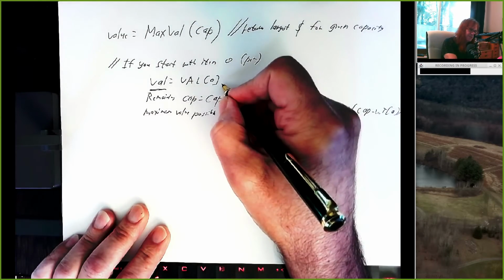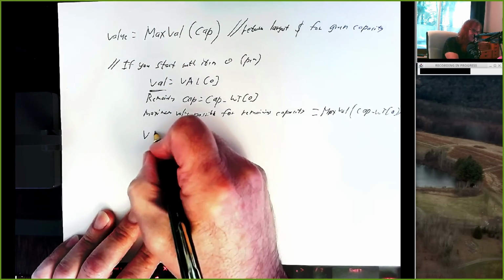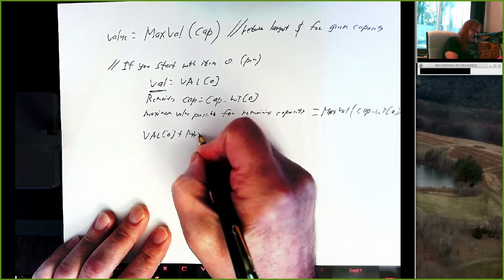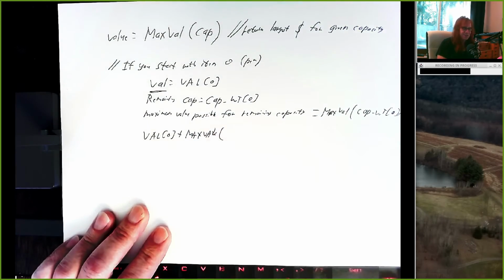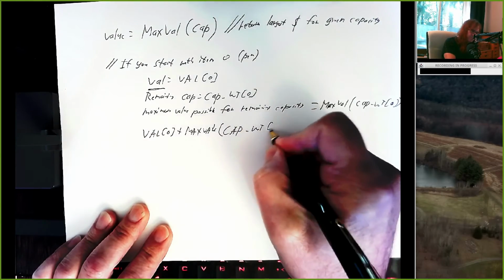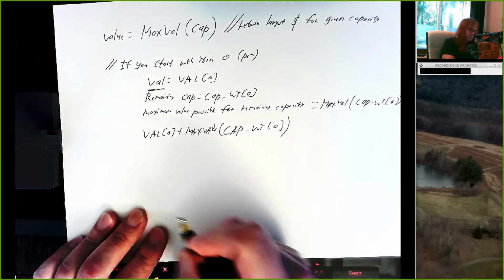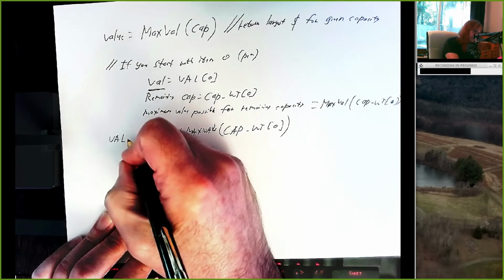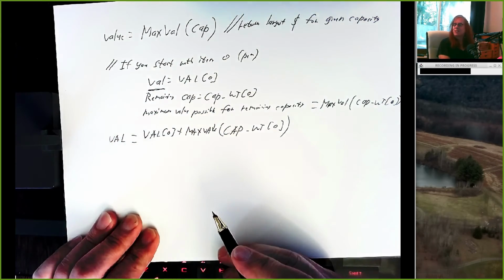And if I take my original value of the pen and I add the maximum value that I can get out of my slightly diminished bag, that's the total value that I'll have out of my bag.